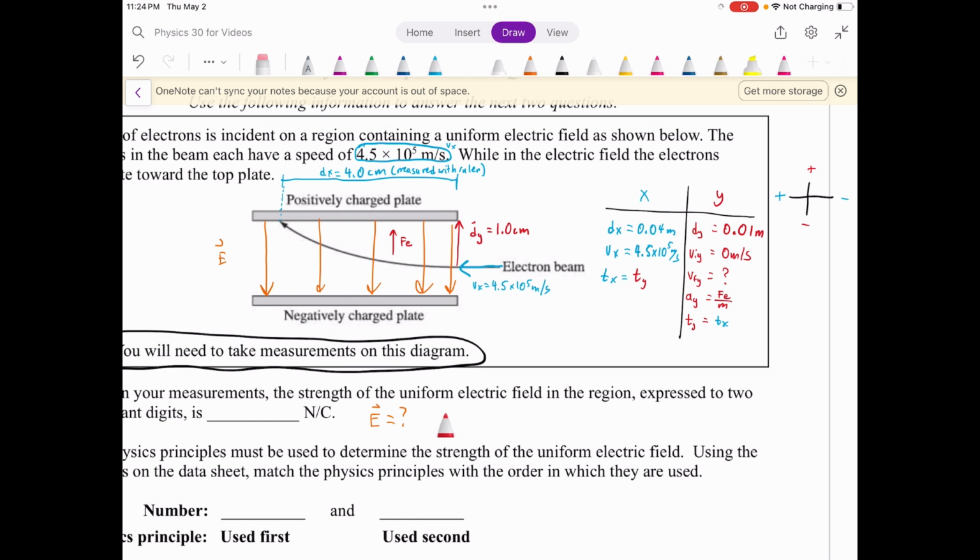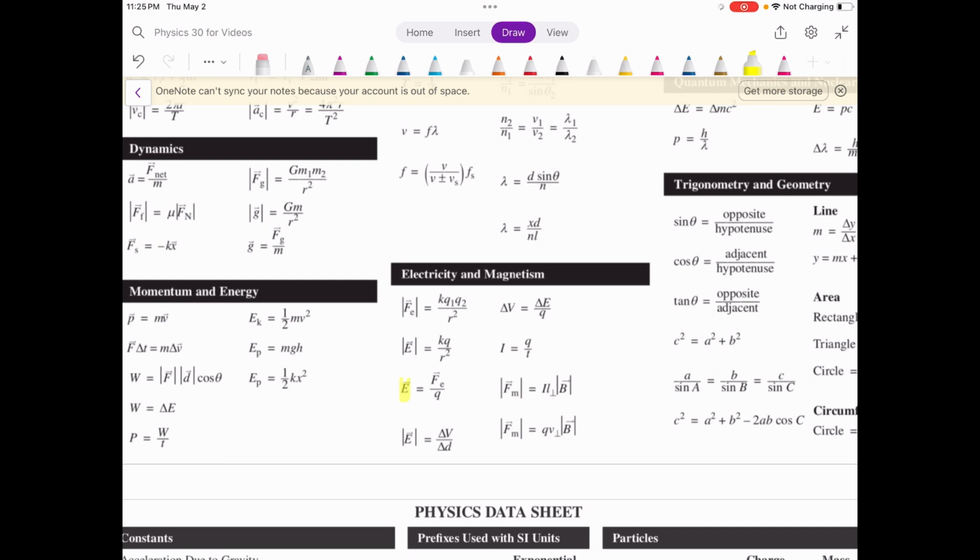All right, so let's see if we can make a plan here. We want to get the electric field. Now, the electric field we know is closely related to the electric force. In fact, if we had the force, we could get the electric field because we know the charge of an electron. And the electric field is just equal to the force acting on a charge divided by that charge.